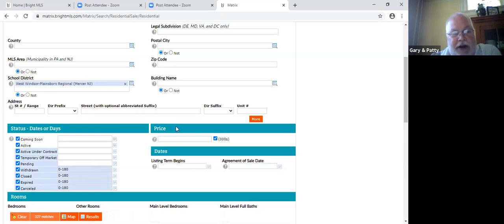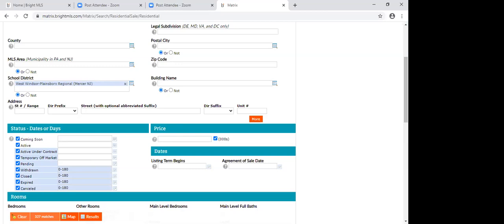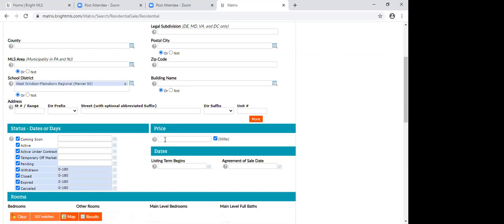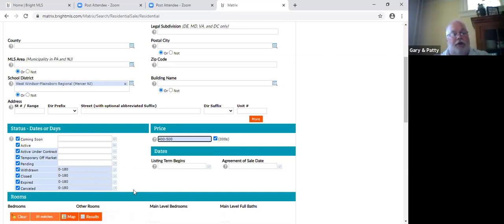What's an average price range in that school district? From 400 to million. Okay, so that's a pretty expensive area. Okay. All right. Well, let's just do 400 to 500. And we're going to do 6 months at first.